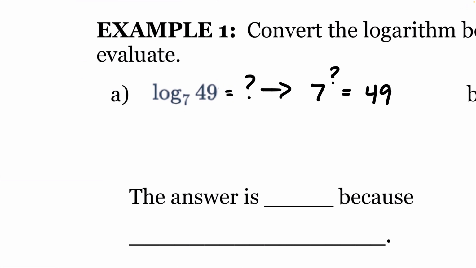So what we have to do is figure out 7 to what power makes 49? What power would I give 7 to make 49? 2, right? 7 squared, right? 7 squared is 49. So the answer is 2, because 7 squared equals 49.